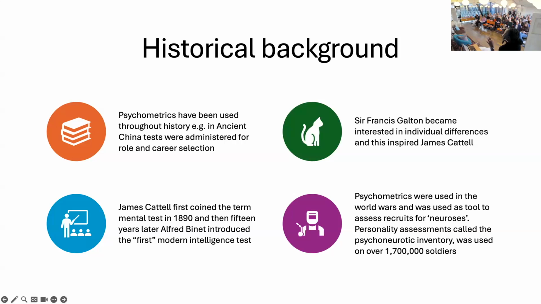And it wasn't until over 100 years ago that Francis Galton, Cattell, and others became quite interested in the use of psychometrics for various different things, but specifically for selection processes and to choose the right type of people, you could say. Individual differences were really interesting for some people.